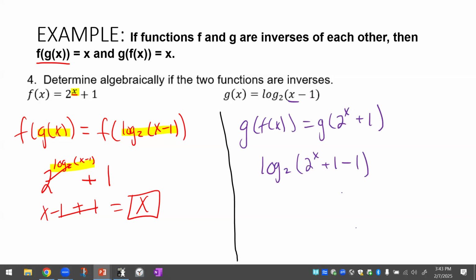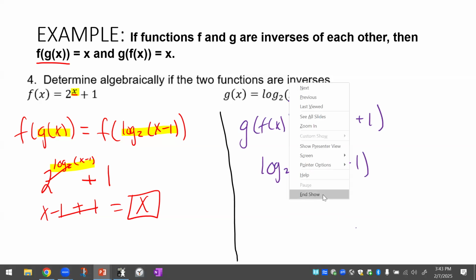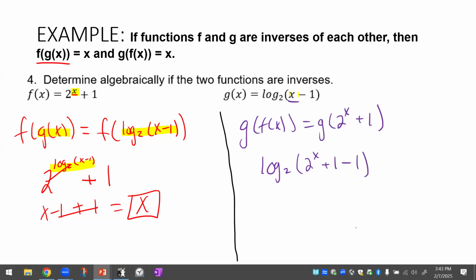And now you simplify. What I substituted in, I'm going to highlight for you again. We're replacing x with f of x. F of x equals 2 to the x plus 1. So where x used to be, it became 2 to the x plus 1. And that negative 1 was already there, right?